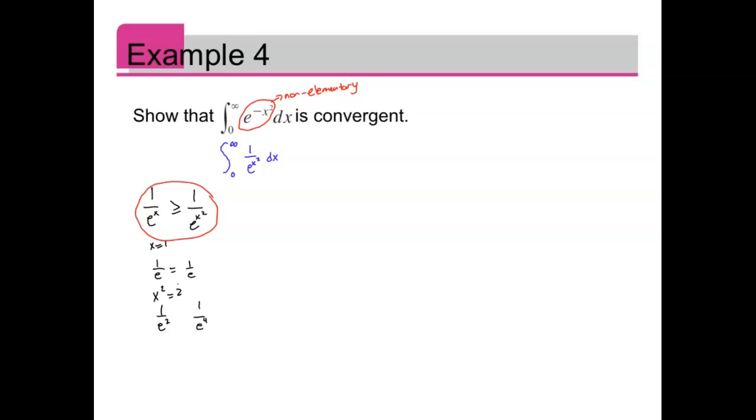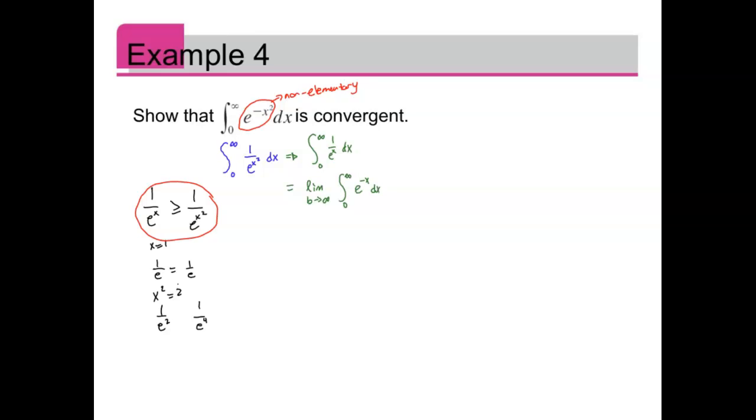So what I'll do then is just go, okay, let's look at the integral from 0 to infinity of just 1 over e to the x. All right, well I'll just do the limit as b approaches infinity of the integral from 0 to b of e to the negative x dx.